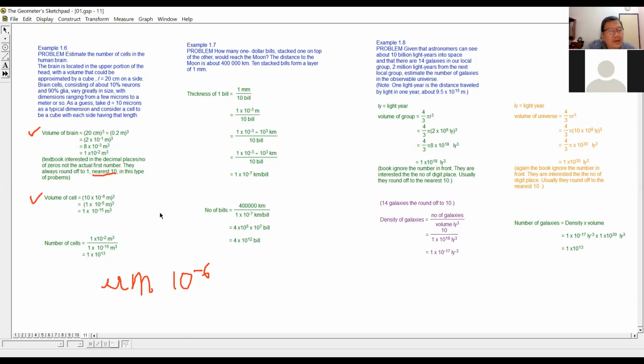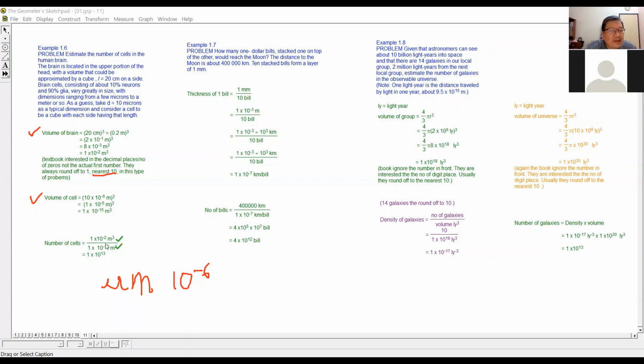If you want to know the number of cells, you use the volume of the brain divided by the volume of one cell. Both these numbers are in scientific notation, so when you divide them, you subtract the indices of 10.